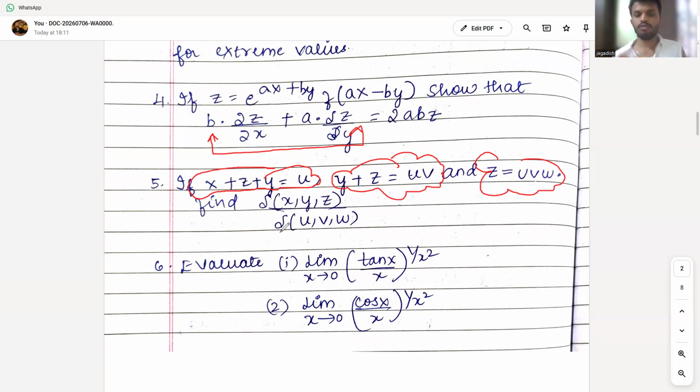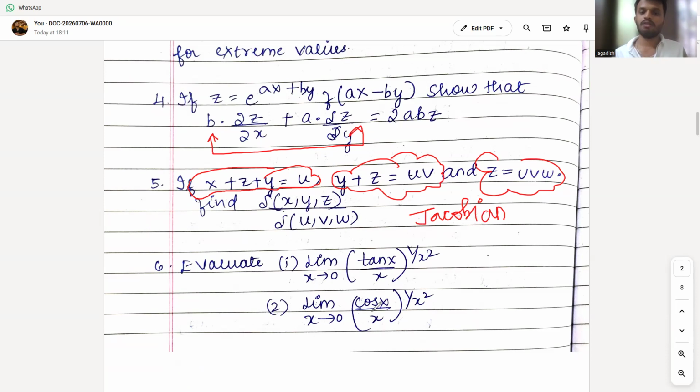Very important for the examination. This we call the Jacobian. You have to use the Jacobian formula and solve. There is one matrix. It's very easy to solve. If you know the procedure, everything is easy.